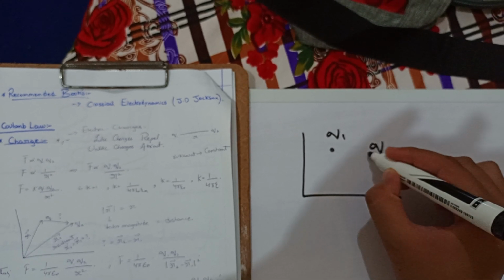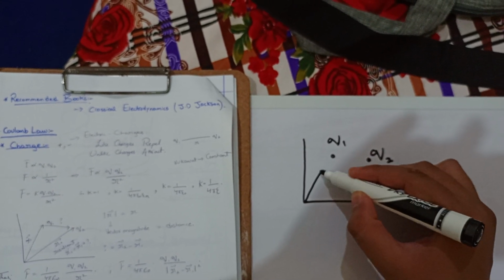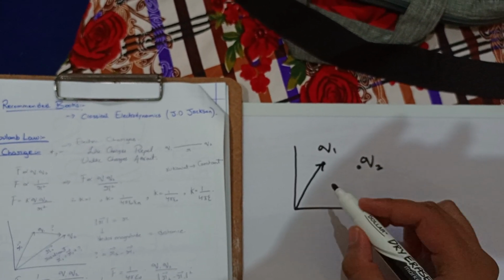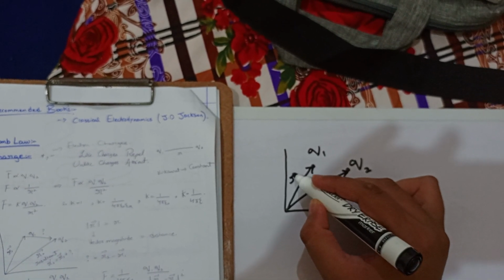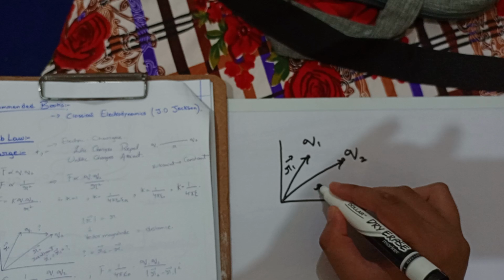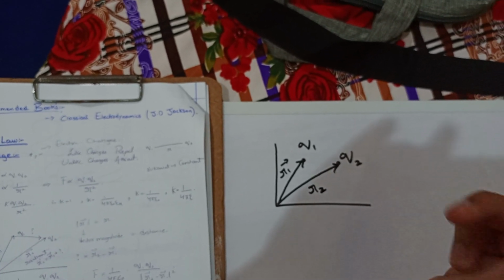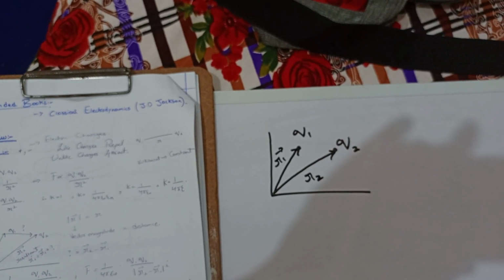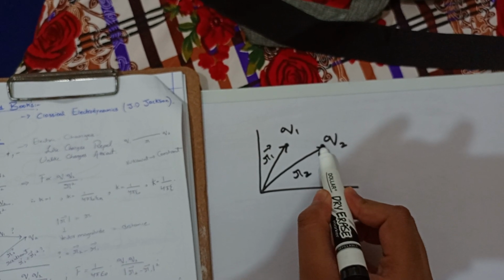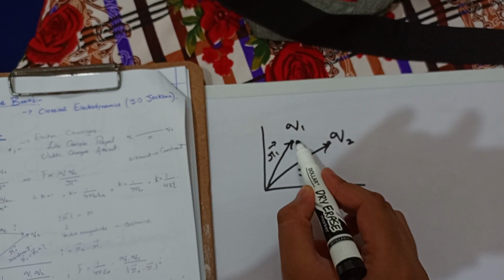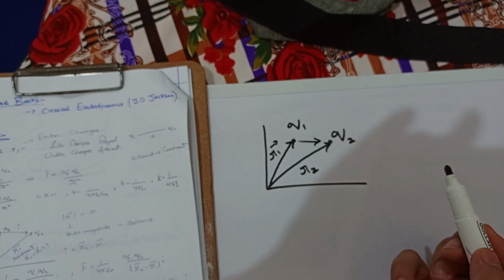Let's suppose this is my charge q2. This is the direction for q1, this is the direction for q2. This is r1 and this is r2. Now the force on charge 2 due to q1, it's this.